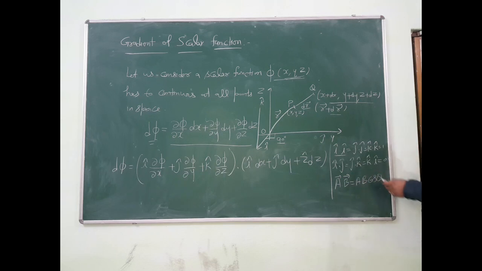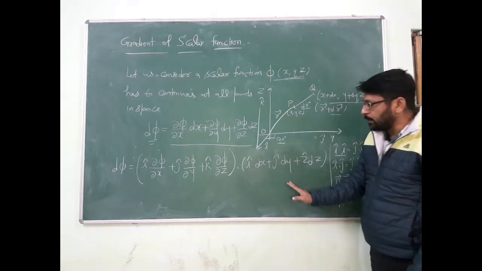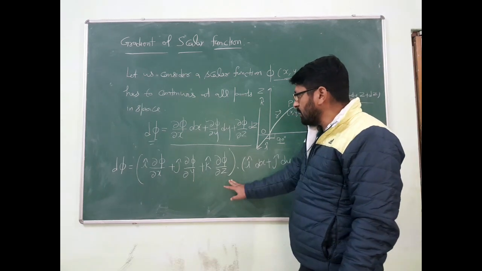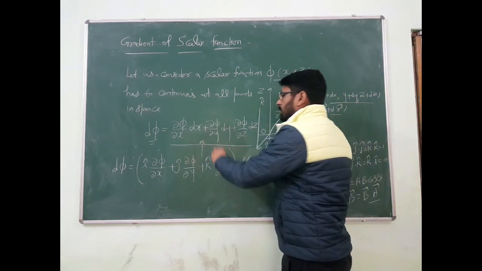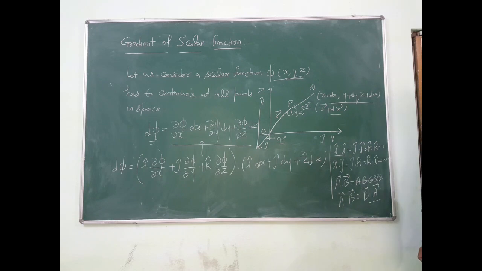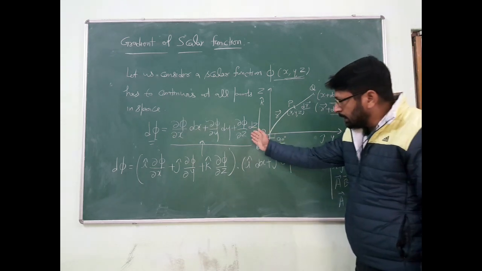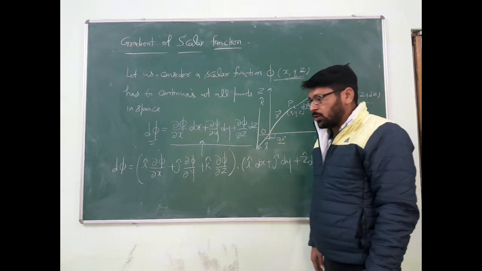All the cross terms become 0, and you also know that a dot b is always equal to b dot a. When you multiply these two terms, ultimately we get only this thing.